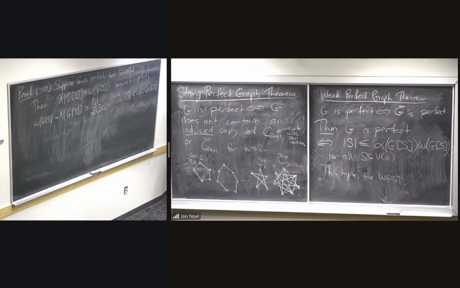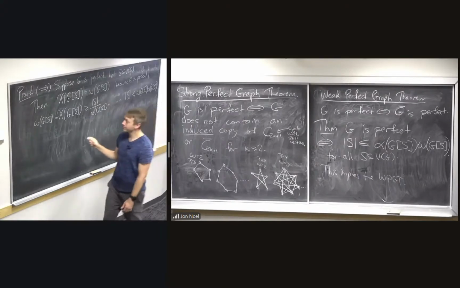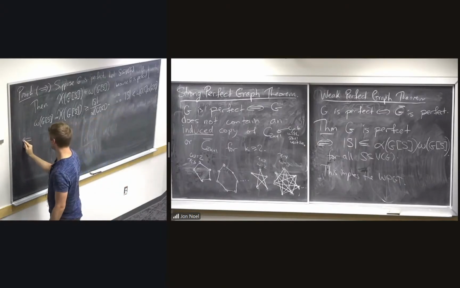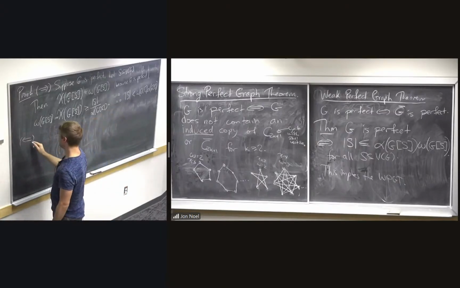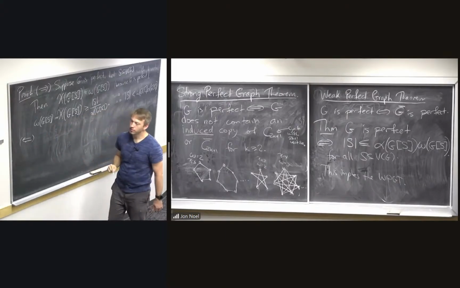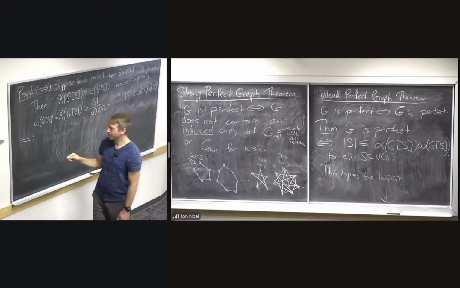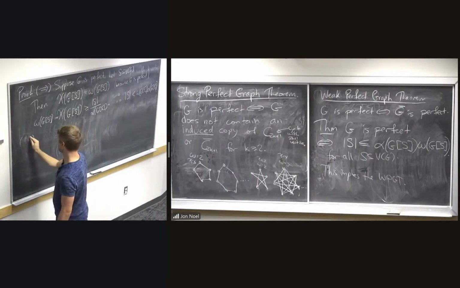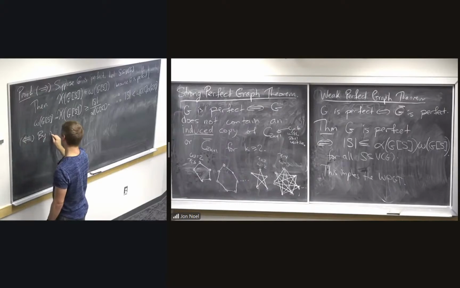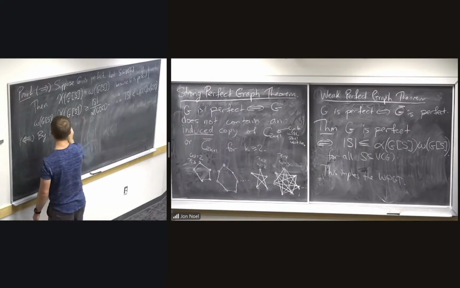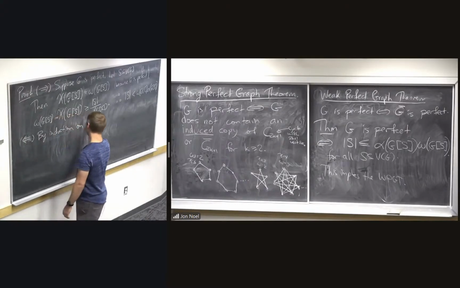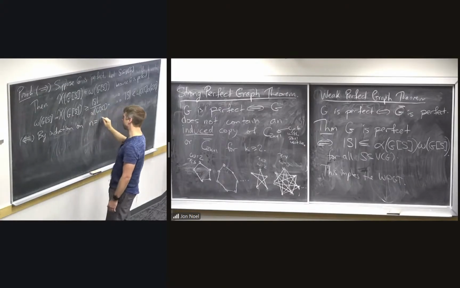No? Okay, let's do the other direction. I'm going to assume that this inequality holds for every subset. I want to show G is perfect. Let's go by induction on n, the number of vertices.